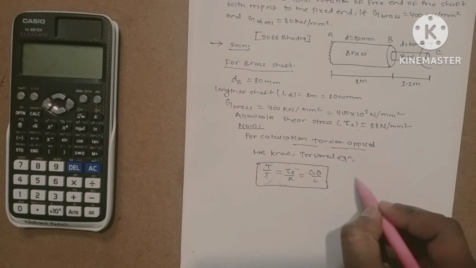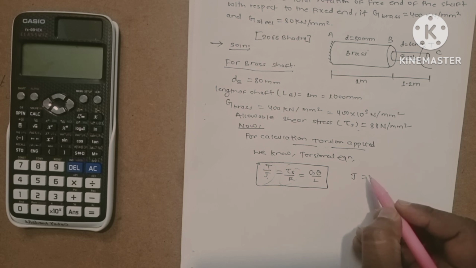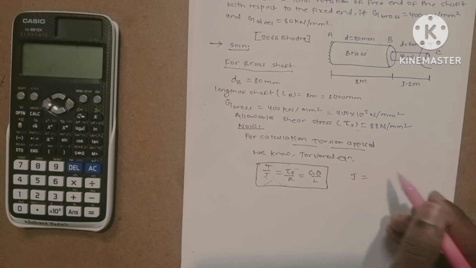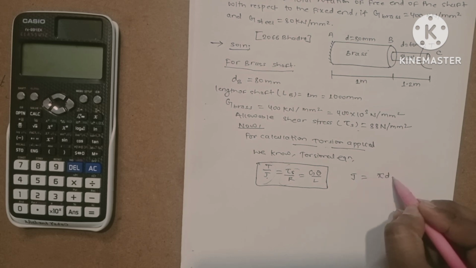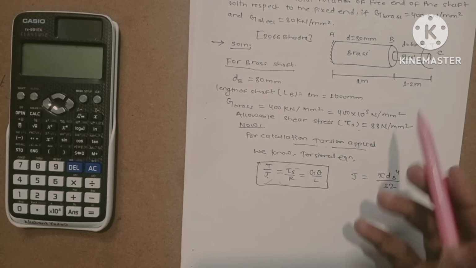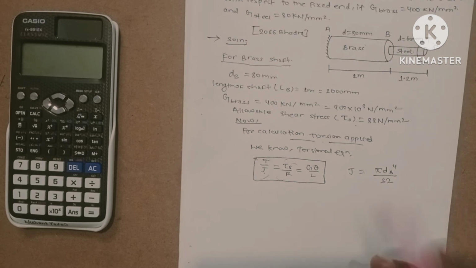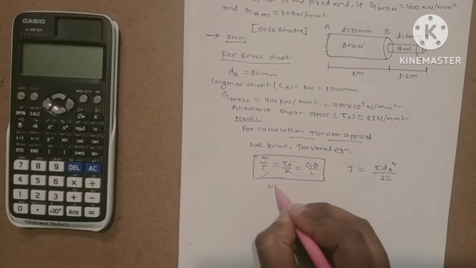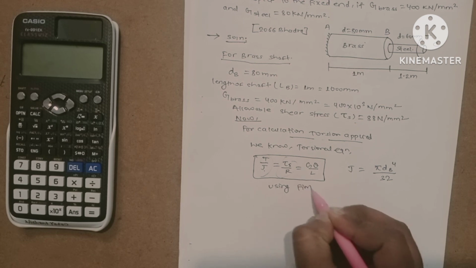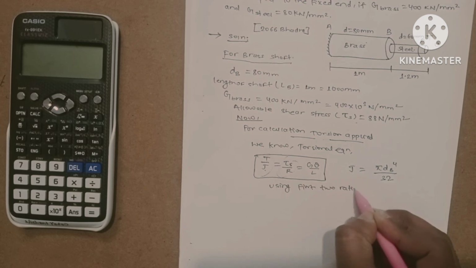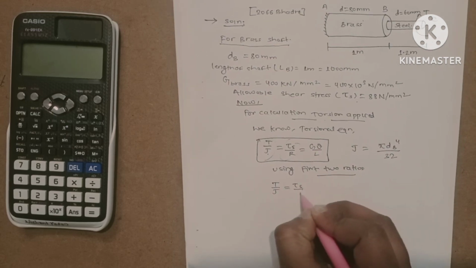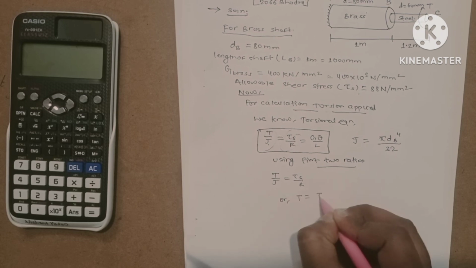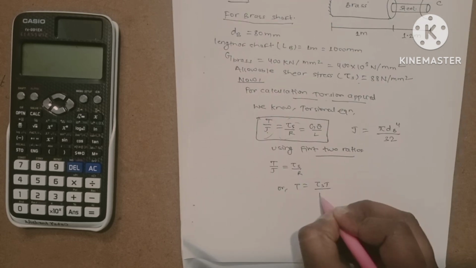And what is the formula for J? J equals pi d b power 4 by 32 for circular section. So using the first two ratios, T by J equals tau s by r, or T equals tau s J by r.